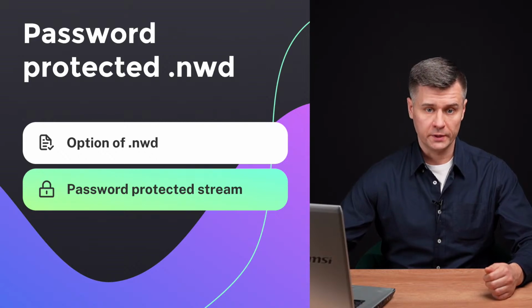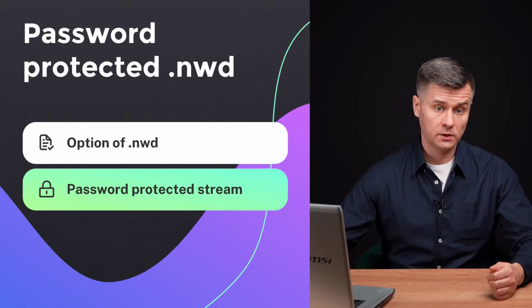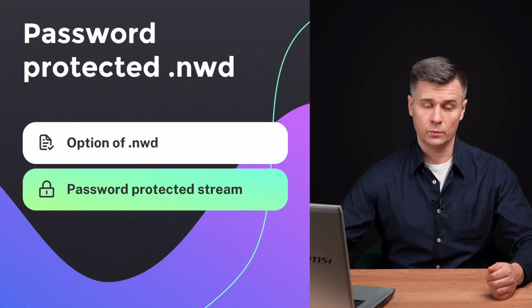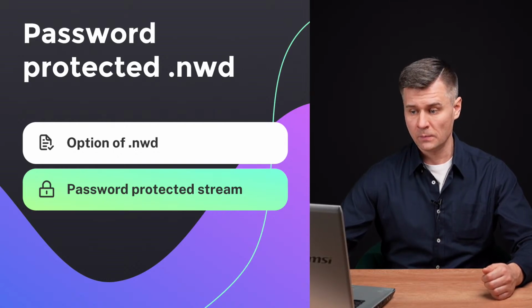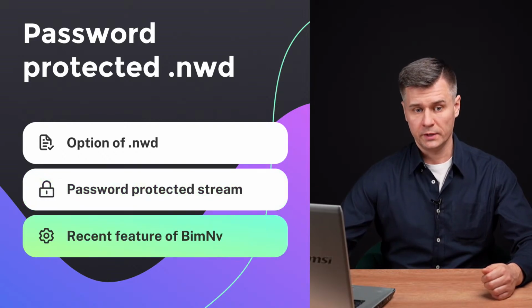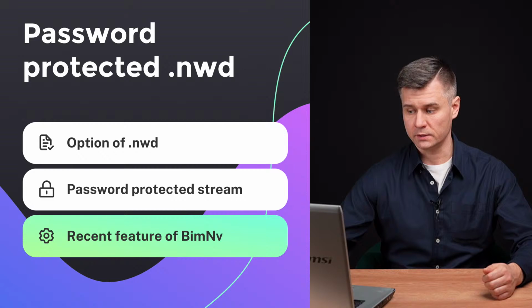It's possible to create such a file in Navisworks, and earlier we were not able to read the password protected streams, but recently we improved the situation, and now BimNv SDK of ODA is capable of reading such files and reading the password protected data.